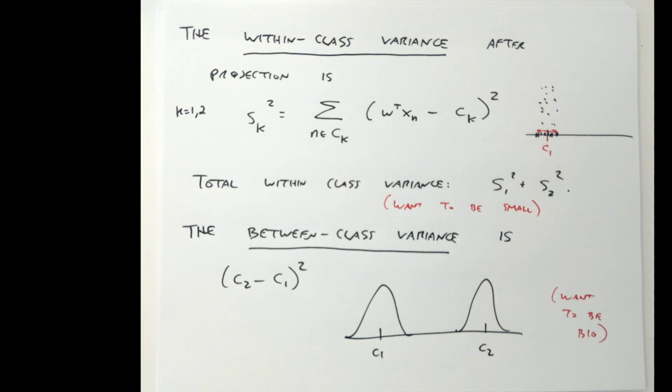And so what I'm going to do is I'm going to take the ratio of these things. I'm going to put the between class variance in the numerator, and the within class variance in the denominator, and then I'm going to hopefully get a big number, right?